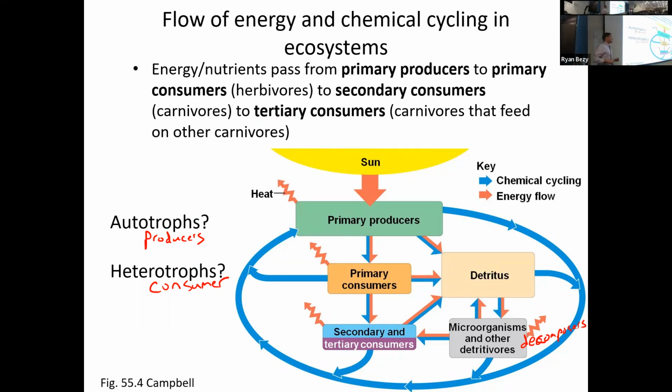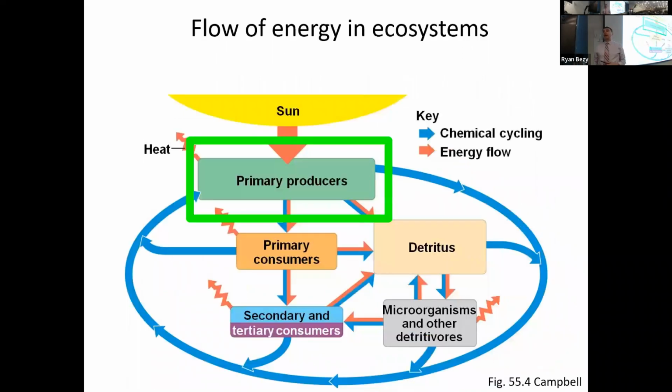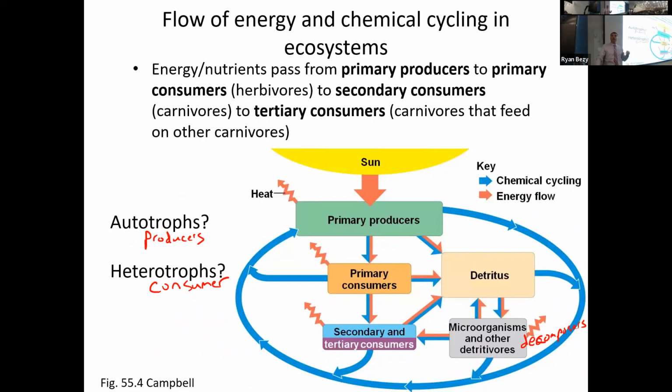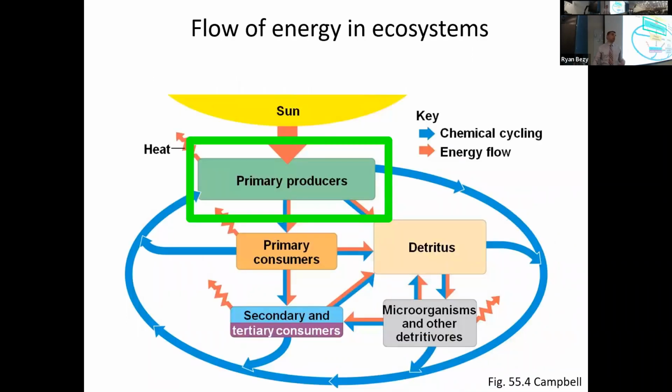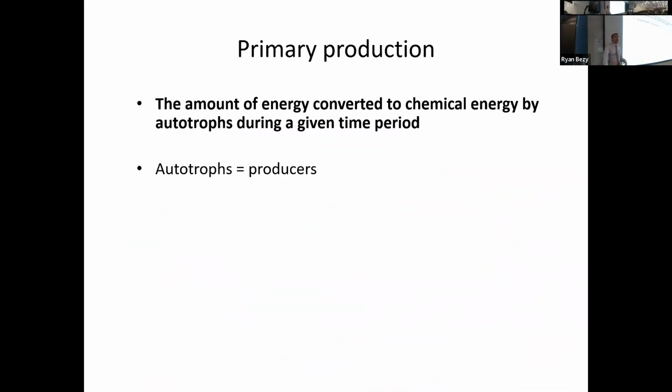Now, what we're going to do is visit energy flow and nutrient cycling through these things. We're going to start off by taking a closer look at the primary producers. What exactly do I mean by primary production? Primary production is the amount of energy that's converted to chemical energy by autotrophs.